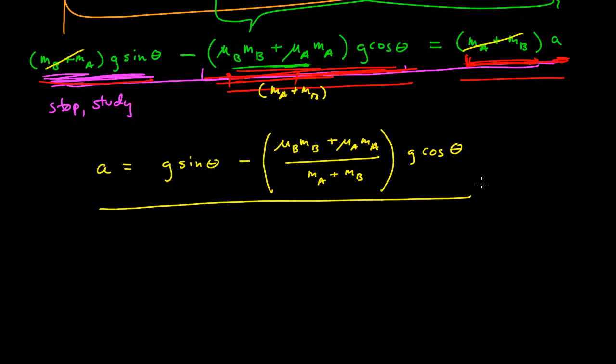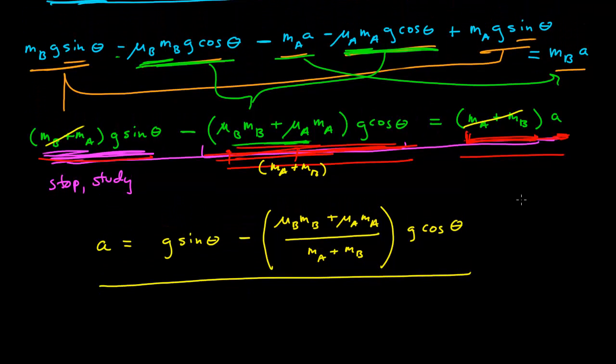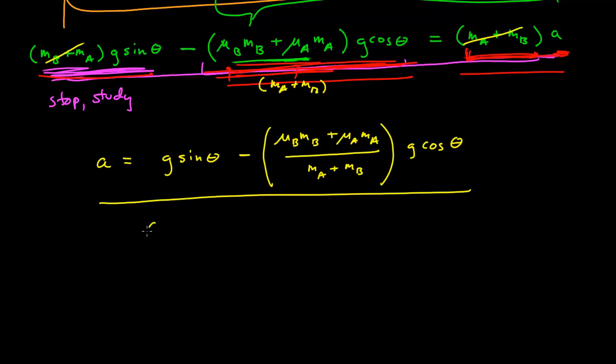Well, first, let's look at the limit as theta goes to 0. We're checking this solution to see if it makes sense. In the limit as theta goes to 0, this second term gets larger. Cosine theta goes to 1, and this first term gets smaller as theta goes to 0.